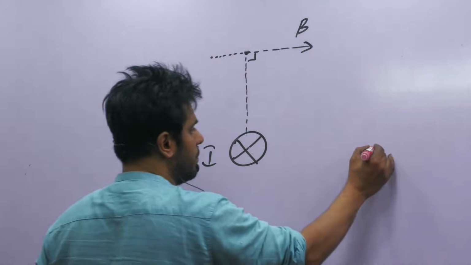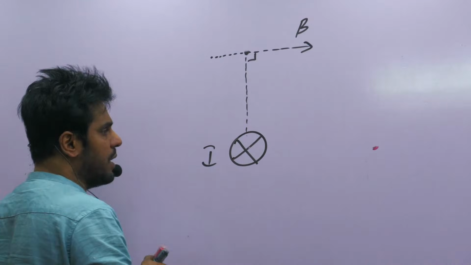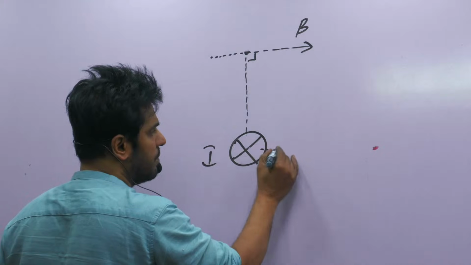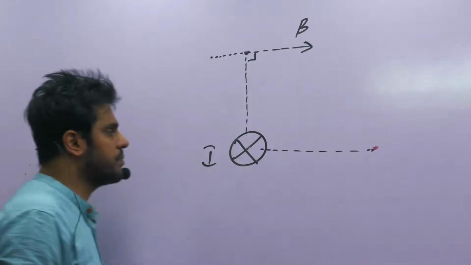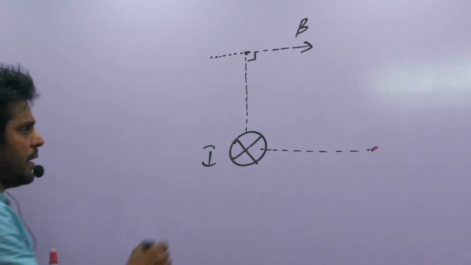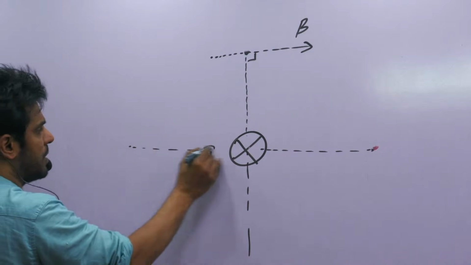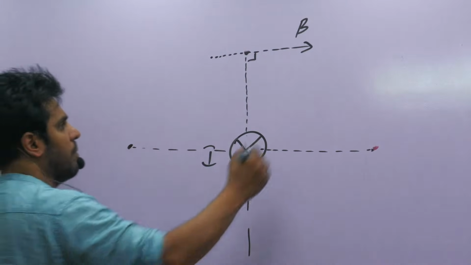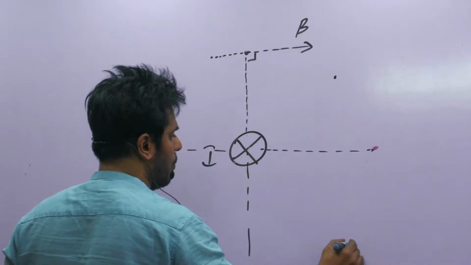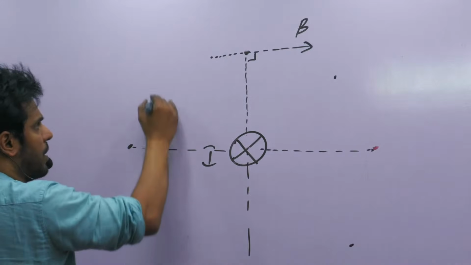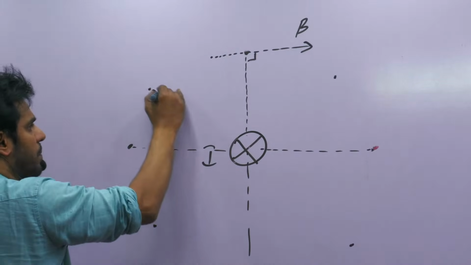Now here you assume. Now we are going to find the direction of the magnetic field here. Again, you have to find the direction of the magnetic field at these given points. Now label the directions of the magnetic field for the given points like this.